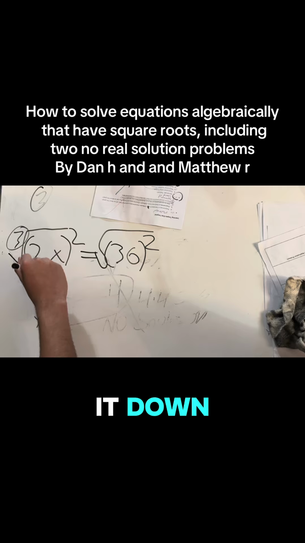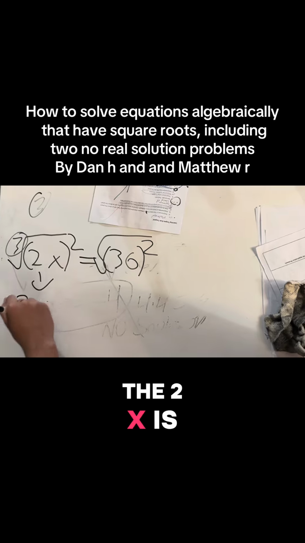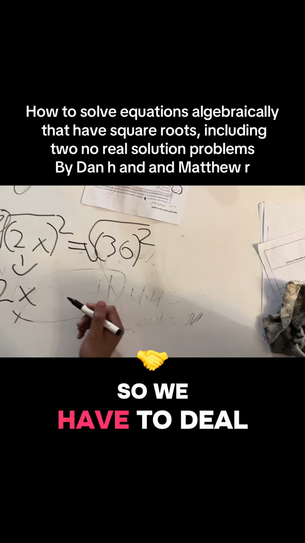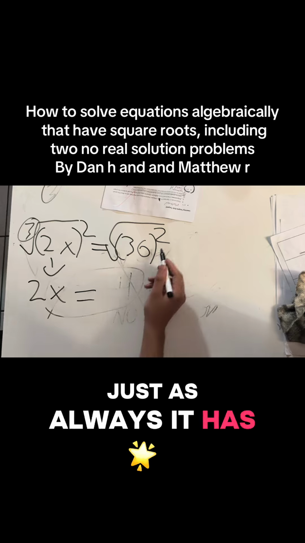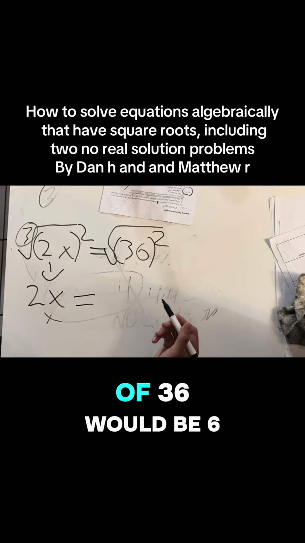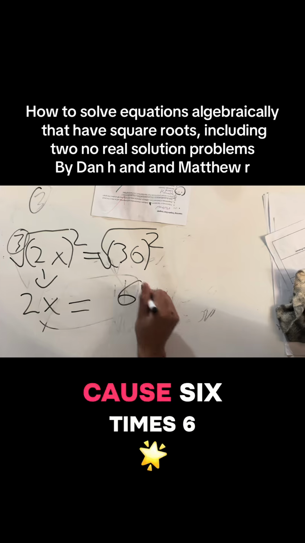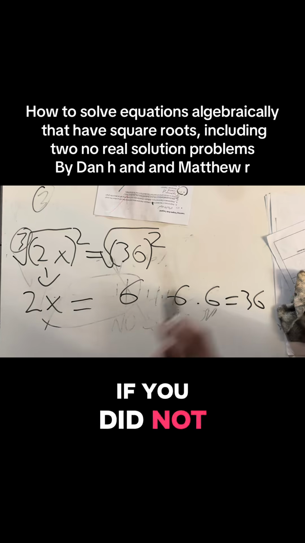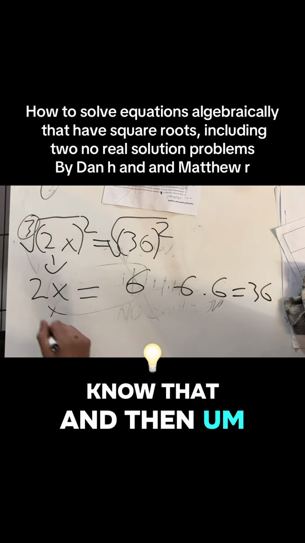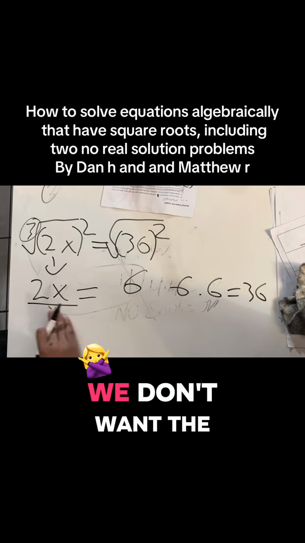So when we drop it down, the 2x is alone, and it's not squared anymore, so we don't have to deal with that. And this right here equaled, just as always, it has a 2. So the square root of 36 would be 6, because 6 times 6 equals 36, if you did not know that. And then we want the x alone. We don't want the 2.